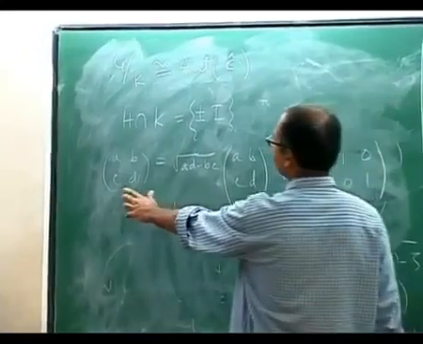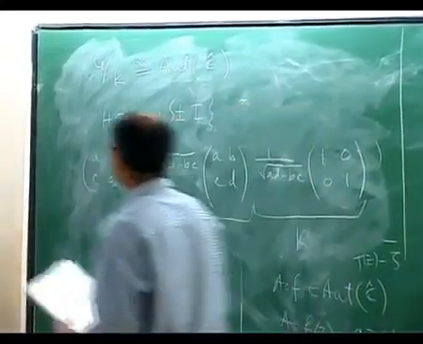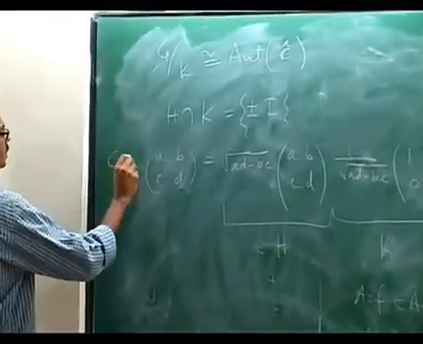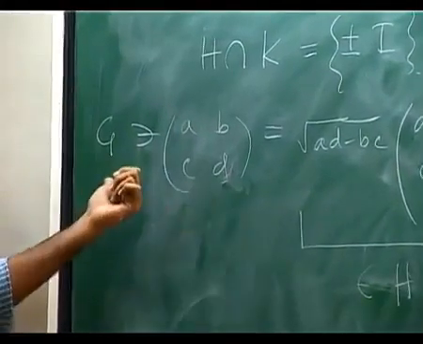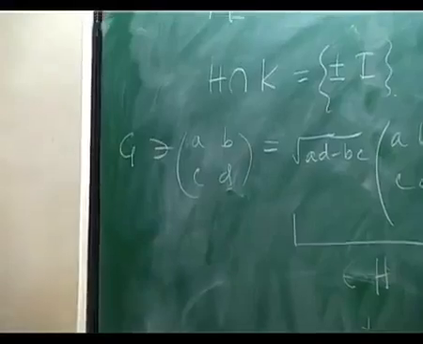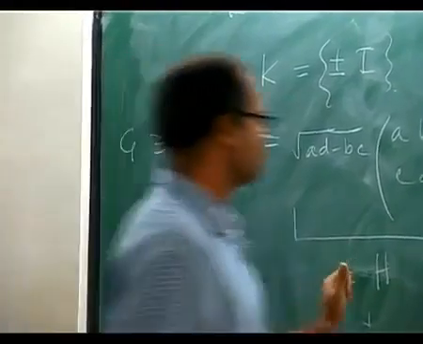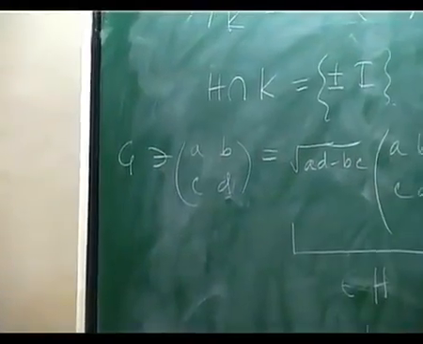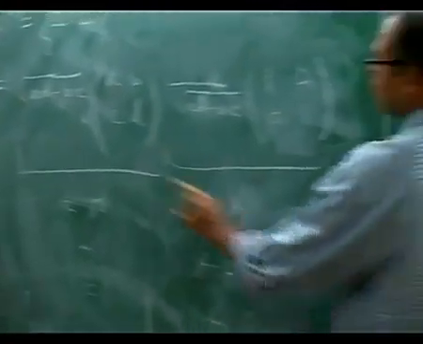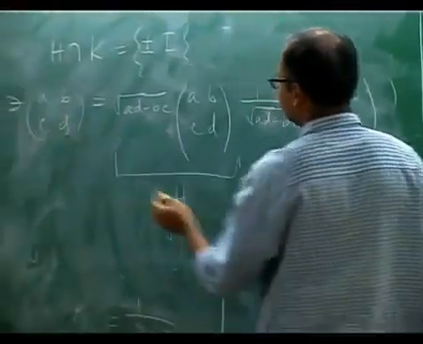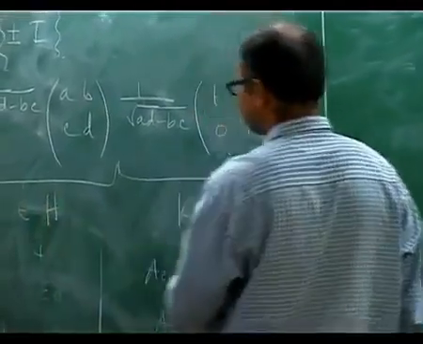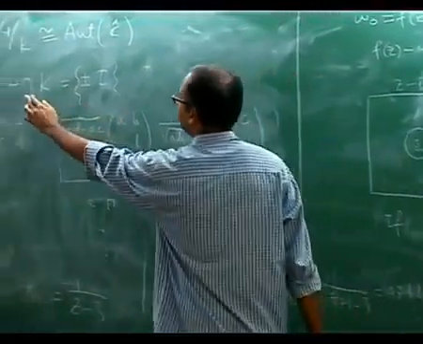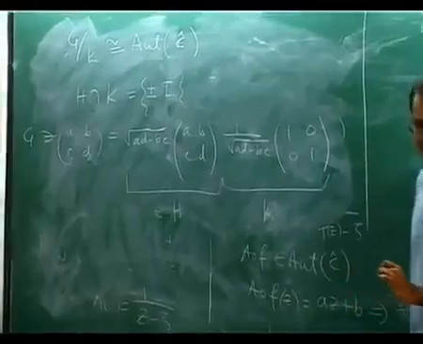So every matrix in G, I started with G, so if I take a 2 by 2 matrix in G, which is GL2C, then we get this decomposition. Every element in G can be written as a product of an element from H and an element from K, and their intersection is plus minus identity.